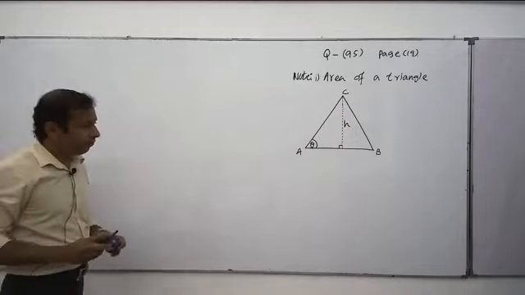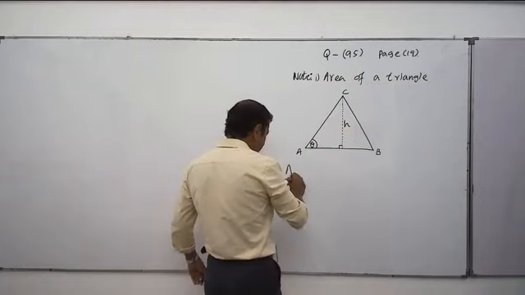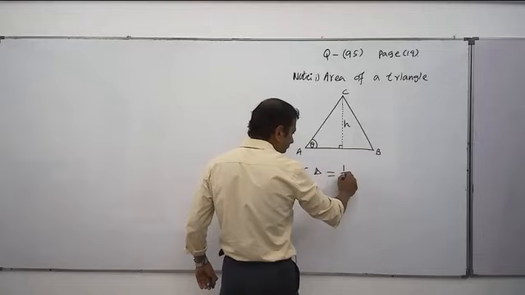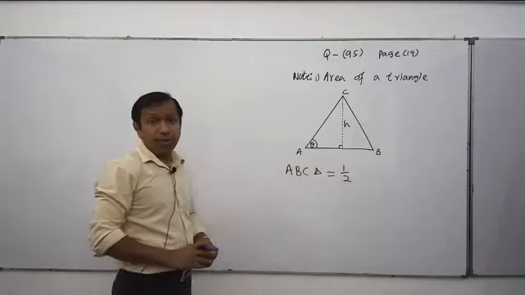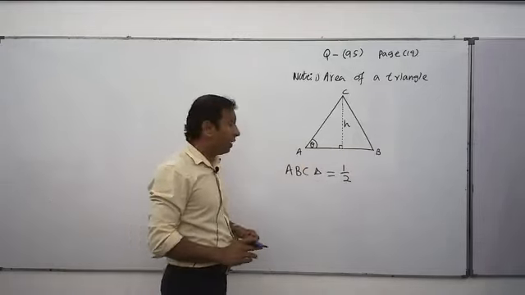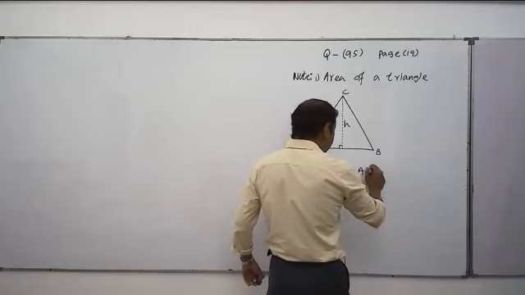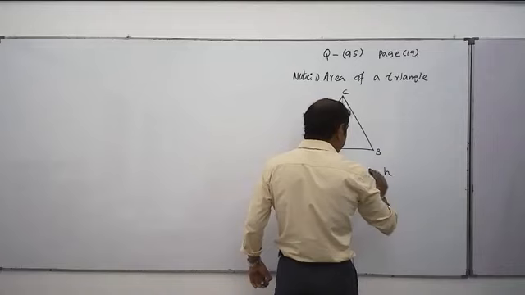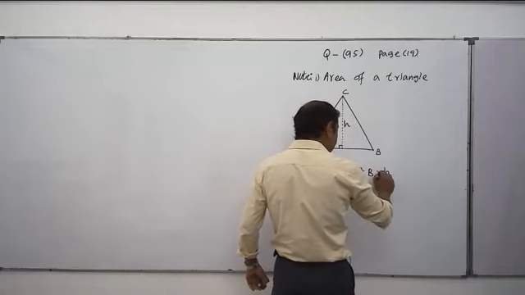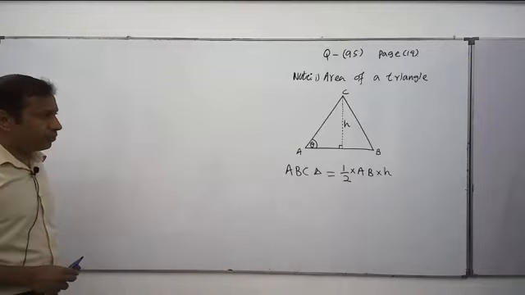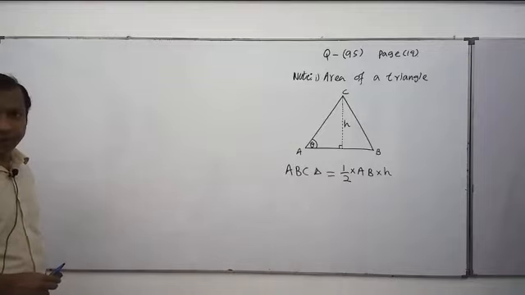ABC triangle area? ABC triangle area is equal to half base into perpendicular height. Base is AB, people, this. AB, perpendicular height is h. Here we put usual multiplication sign. Half base into perpendicular height.